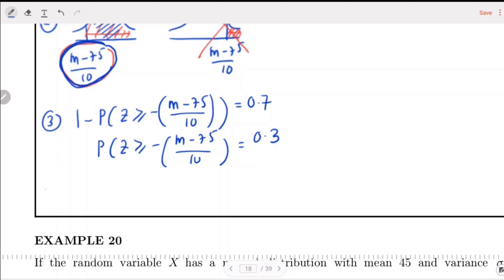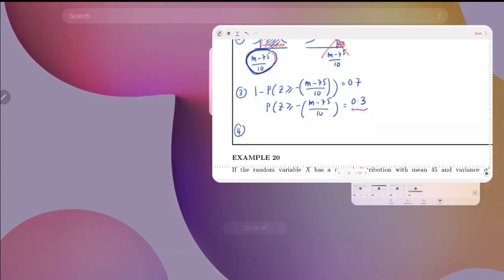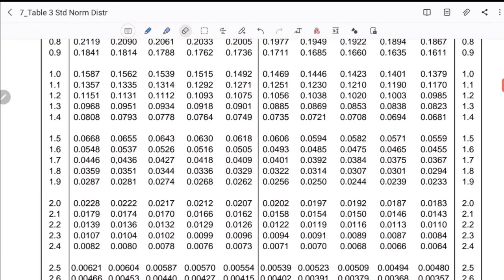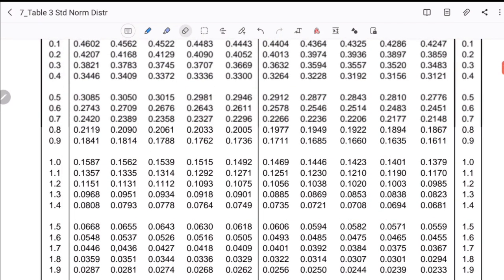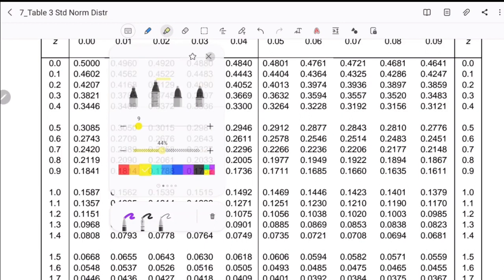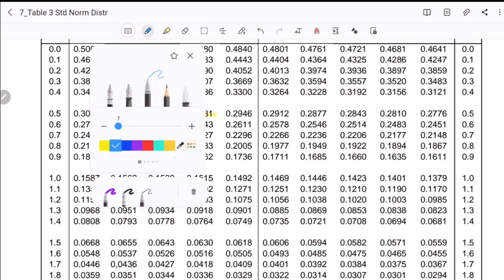0.3. And then proceed to the next step, which is to find the value of Z that will give us probability 0.3. So take a look at the standard normal table and find 0.3 in here. We don't have the exact value for 0.3. We have 0.3015 and 0.2981. So we need to find the closest one to 0.3, which is, I guess, this one.